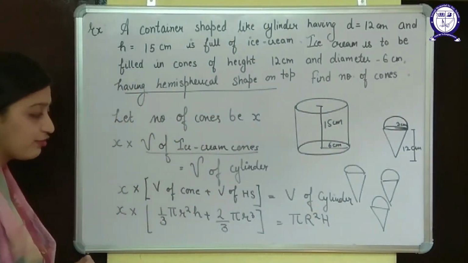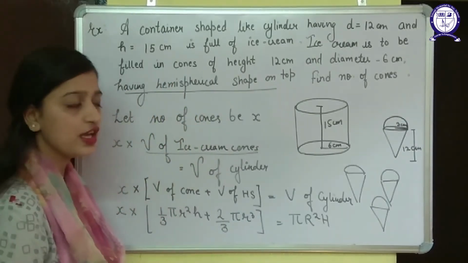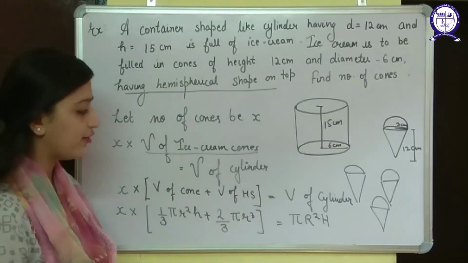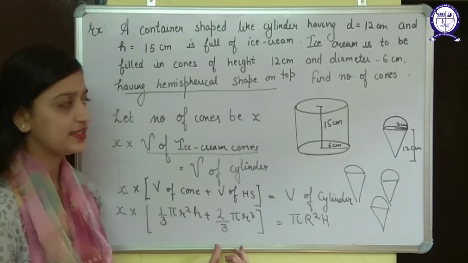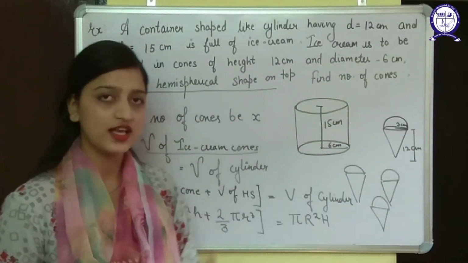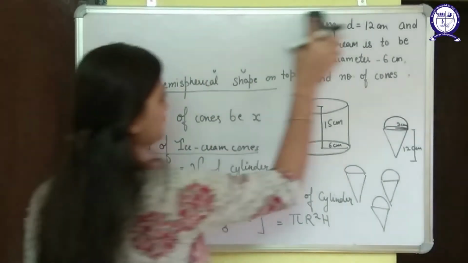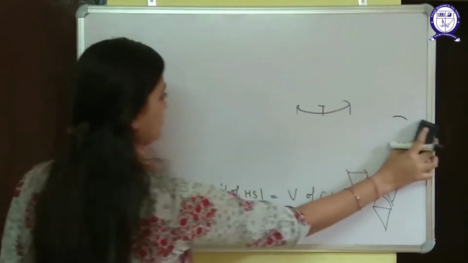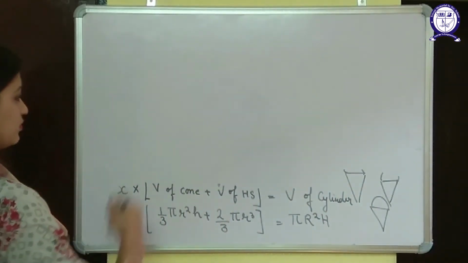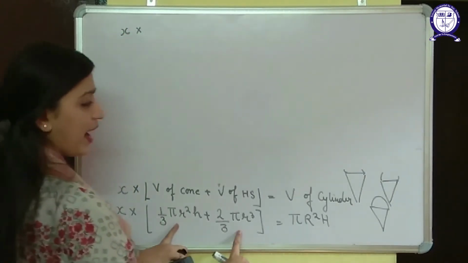Okay. I have put different terms for small r, small h, capital H, because their radius and height are different. But the radius of cone and the hemisphere will be same. You can see that their radius is same. So now let's put the values in the question. First of all, I can take pi common.